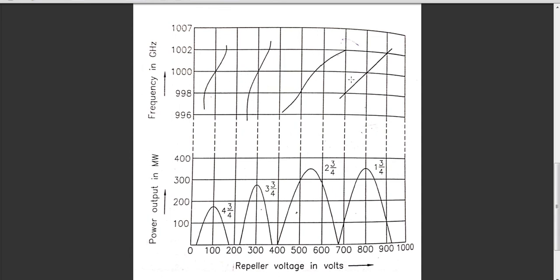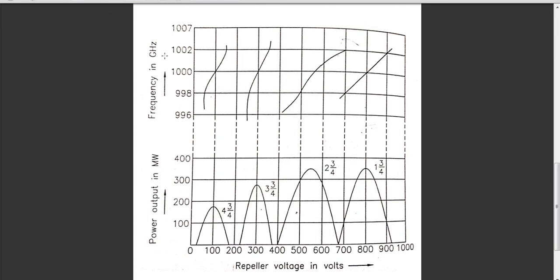This is the frequency characteristics and these are the mode curves. The frequency of resonance of the cavity decides the frequency of oscillation. Variation of repeller voltage slightly changes the frequency. If you can see, this is the repeller voltage curve, and these are the corresponding frequencies in gigahertz.